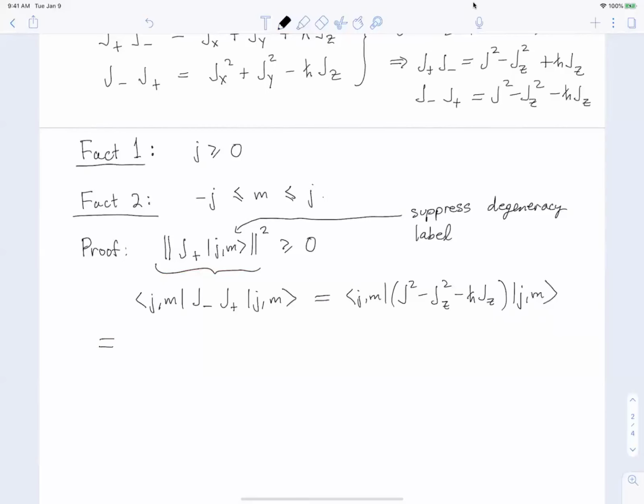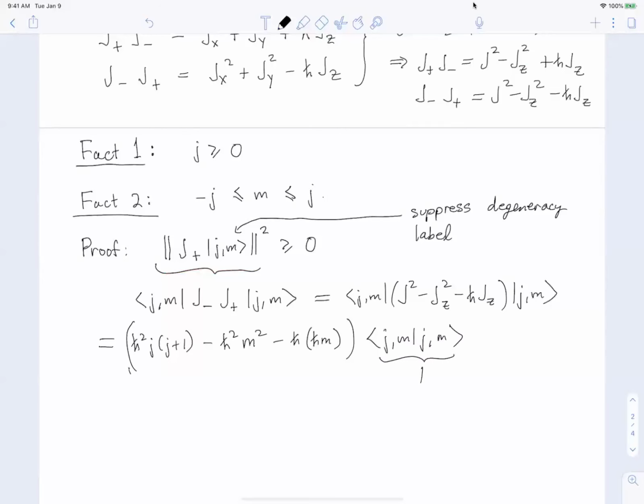So I can just write them down as numbers. This is equal to h bar squared j times j plus 1, that's for j squared, minus h bar squared m squared from the second term, and then minus h bar times h bar m for the third term. All of that stuff multiplied by jm, jm, but we assumed this was an orthonormal basis, so that's just 1.